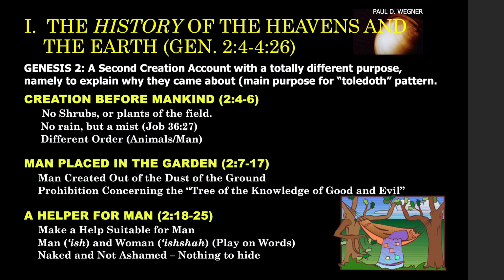Then verses 18 through 25 talk about woman being made as a helper for man, and the names Ish and Isha are a play on words, man and woman. The word Isha has a feminine ending on it, so it's almost like a feminine man. It's a real play on words there.